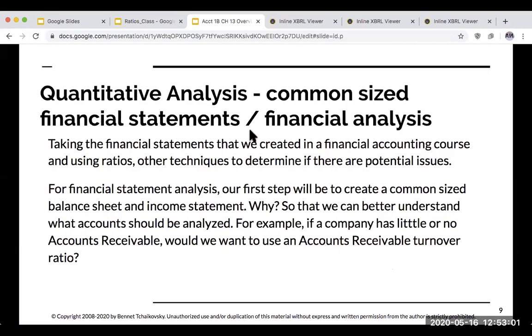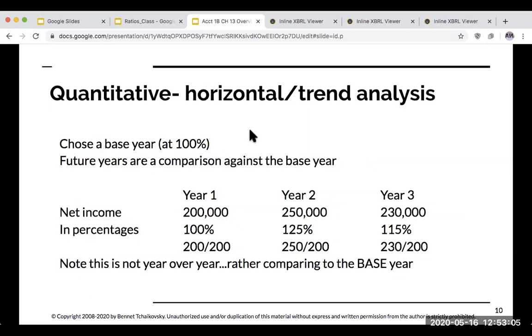Another thing that we'll be seeing in the homework questions is something called a horizontal or a trend analysis. Really, what this gives us is a way to look at a company's key components, say something like net income or sales, and determine the year-over-year growth.